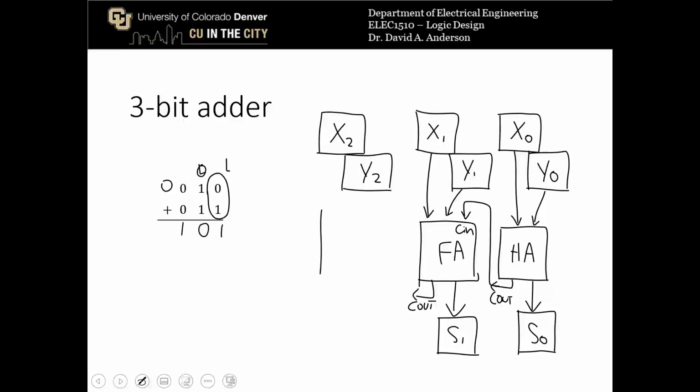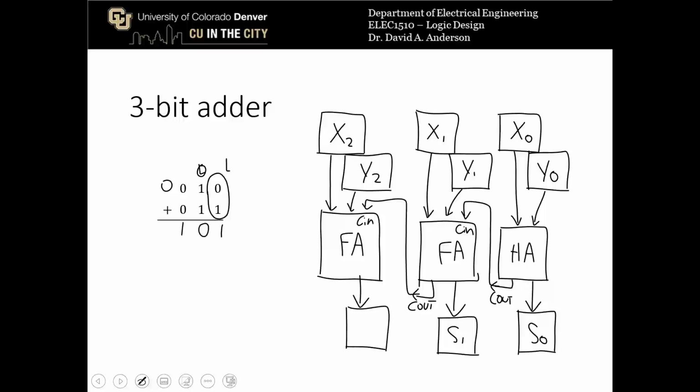Again, we use another full adder block for the most significant bit, where once again we use the carry out from the previous stage as the carry in of the more significant stage, and the output here is sum sub 2. And the carry out here is just left as an additional bit that you can use for something else. We don't use that as the input to anything else.